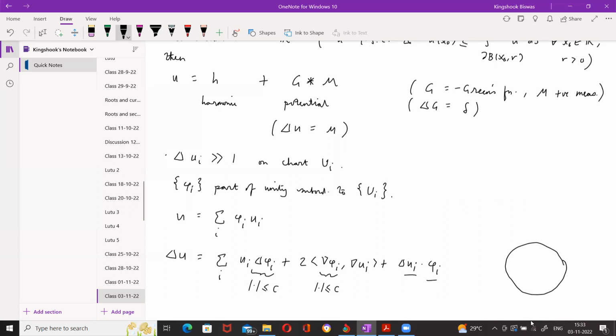Then you have estimates on the normal coordinates, and you could make these uniformly bounded. And then what do you want? You want this Laplacian u_i, the second derivatives of u_i, to be much larger than the first derivatives, grad u_i, and the function. It may be possible. I don't know.